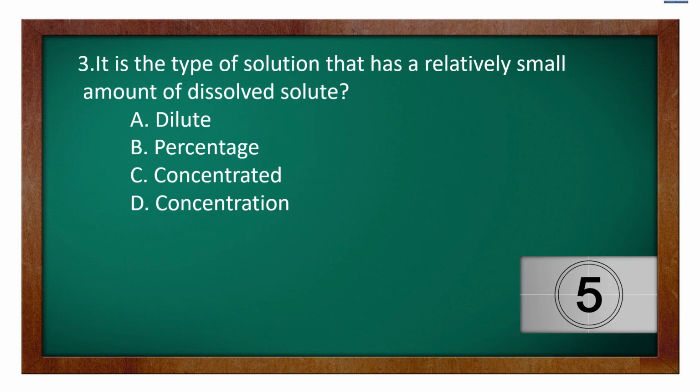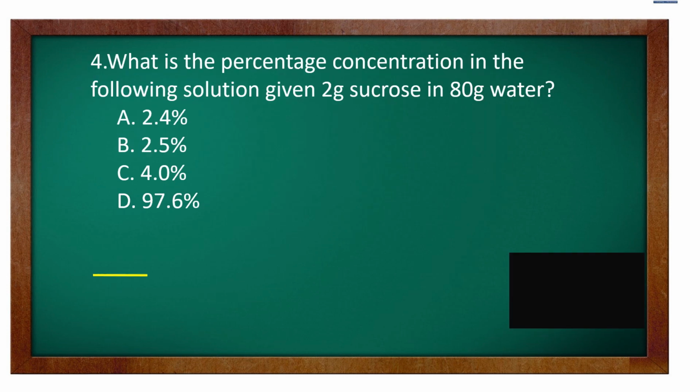Next, it is a type of solution that has a relatively small amount of dissolved solute. A, dilute, B, percentage, C, concentrated, and D, concentration. The answer is dilute. Number 4.